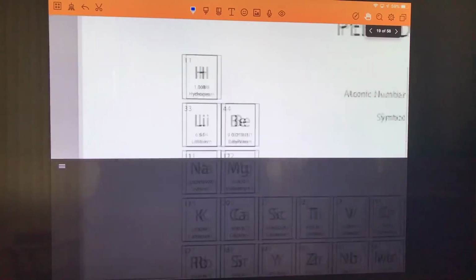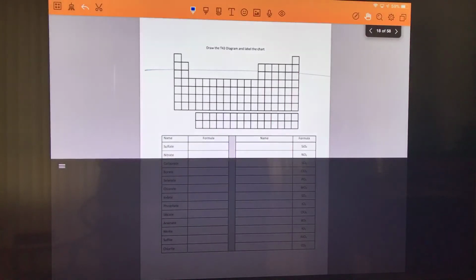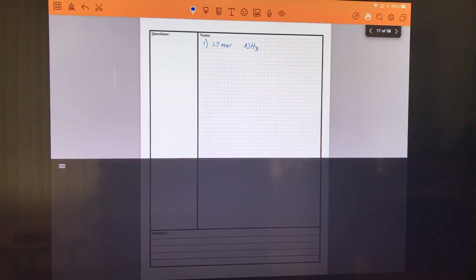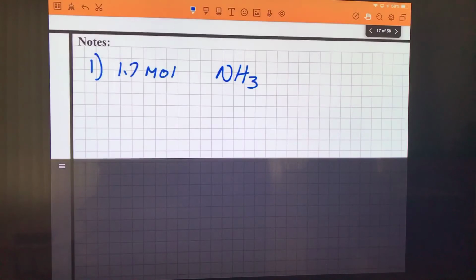All right, so let's go back over to our worksheet. So that would be 14 plus 1 plus 1 plus 1. So that is 17 grams for 1 mole. But I have 1.7, so I need to do some multiplication.